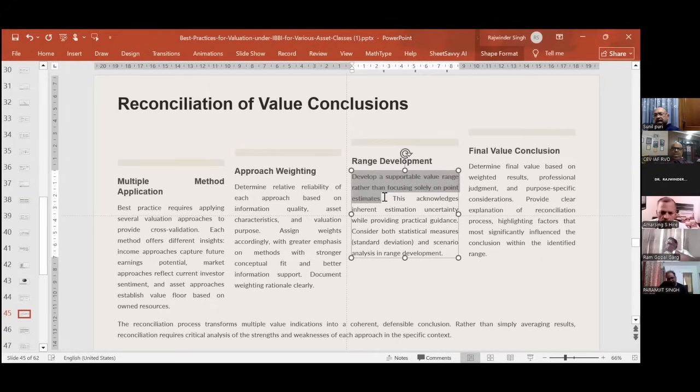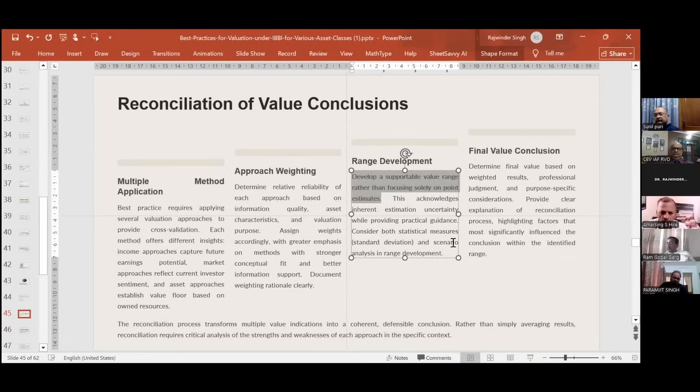This acknowledges inherent estimation uncertainty while providing practical guidance. Consider both statistical measures, mean, standard deviation, etc., and scenario-based analysis in range development. And then based on all these, you have to arrive at a final value.